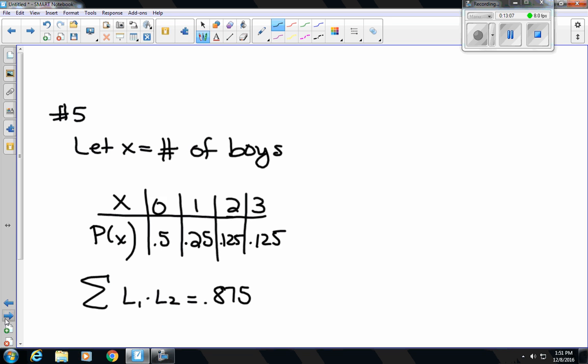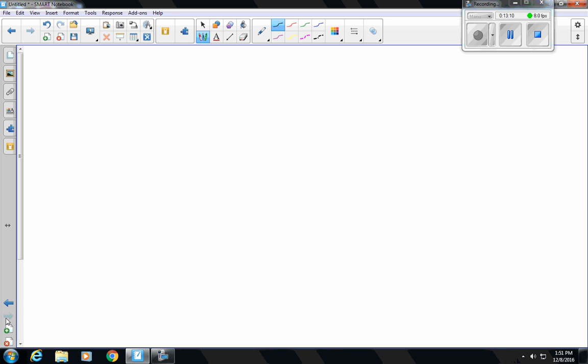Okay? All right, so number 6, we just have to go through here and pick out which ones are true and which ones are false. It says, which of the following are true statements about probability density functions? The histogram of a binomial distribution with p equals 0.5 is always symmetric. That is true. The histogram of a binomial distribution with p equals 0.9 is skewed to the right.